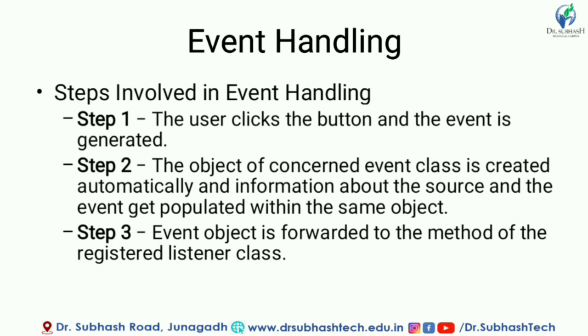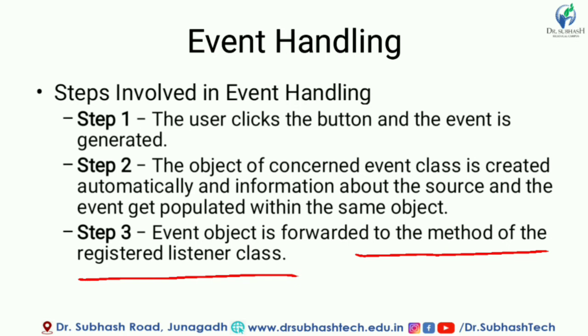In the third step, the event object is forwarded to the method of the registered listener class. For a particular event class, a particular listener interface is available. The listeners have methods, and the object is forwarded to that method.